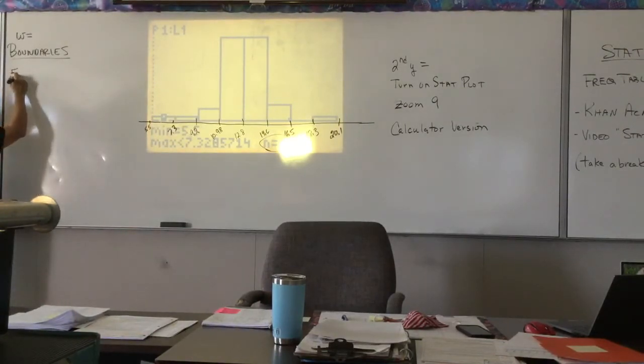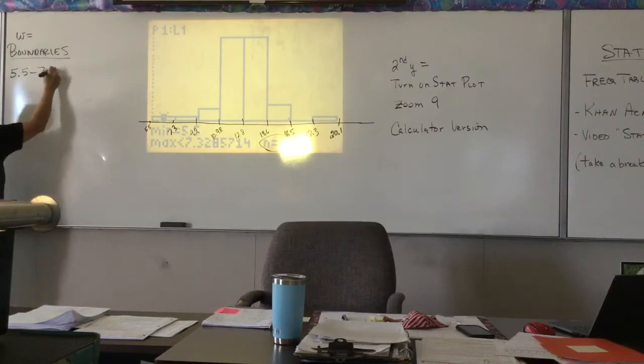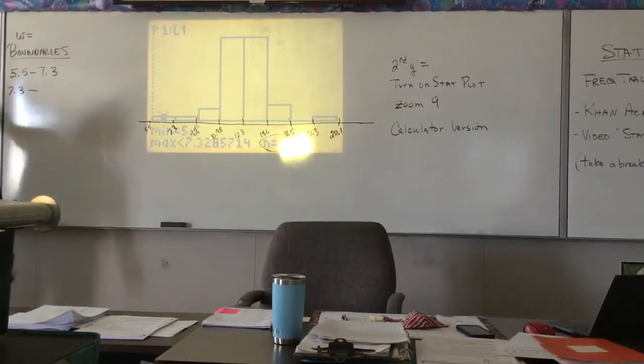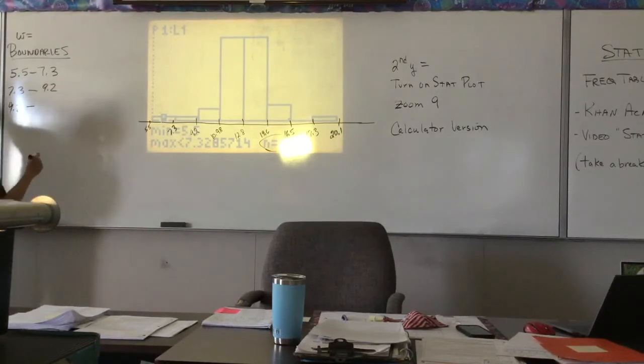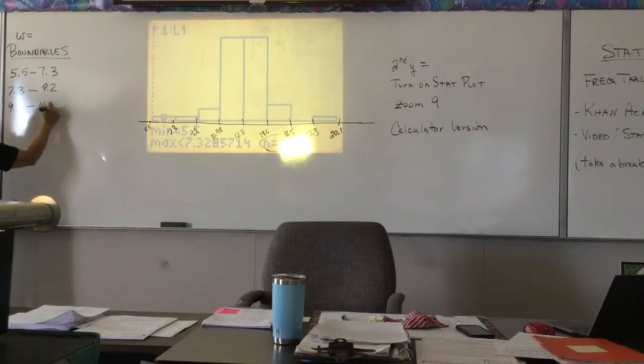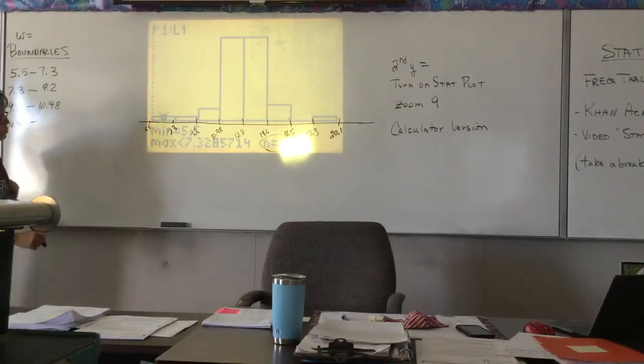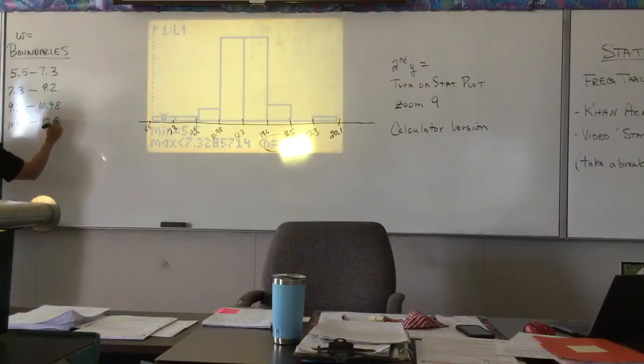So 5.5 to 7.3, then the next one starts at 7.3 and goes to 9.2, and so forth. 9.2 to 10.98.